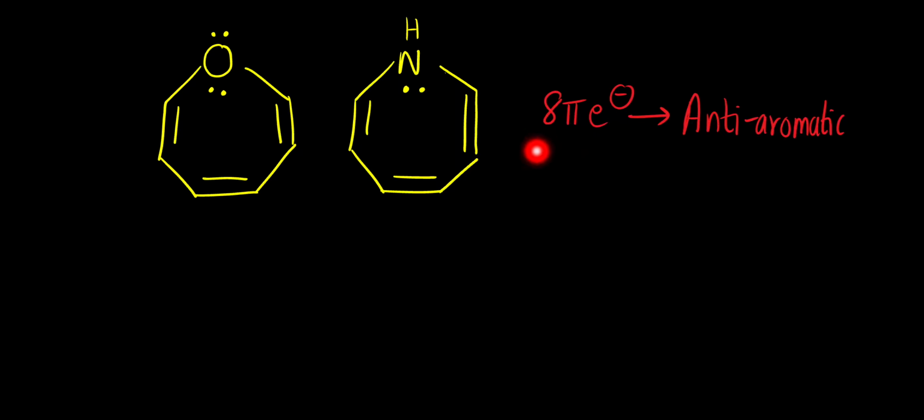Okay, coming on to these two molecules, again you count and find out the aromaticity. So 2 4 6 8, here also 2 4 6 8, so 8 pi electrons, so it follows the 4n pi electron rule, so it should be anti-aromatic. So is it going to be anti-aromatic?